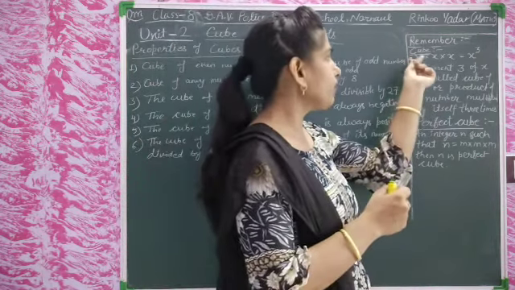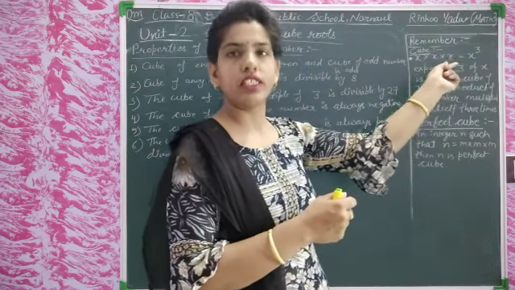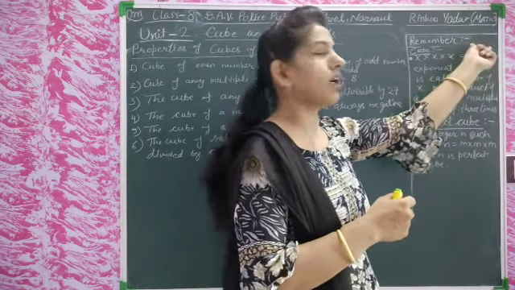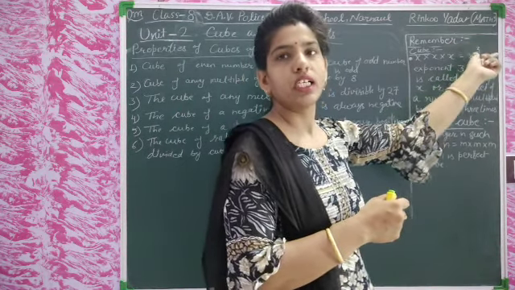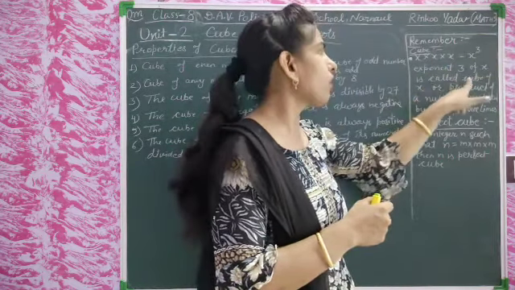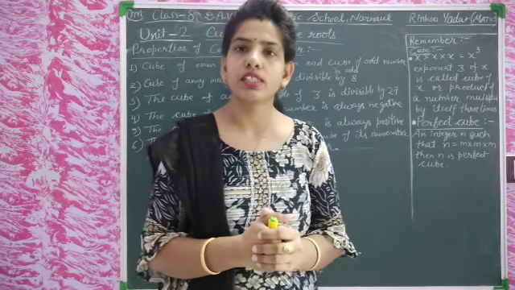If we multiply this number by itself 3 times, it is written as x to the power 3. This power 3 is called the cube.